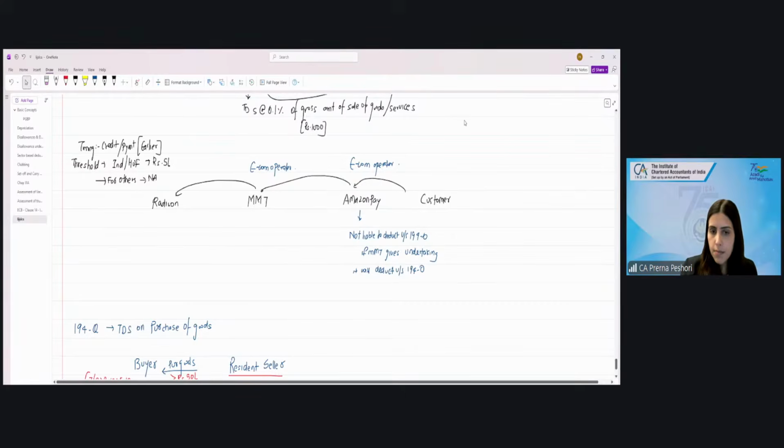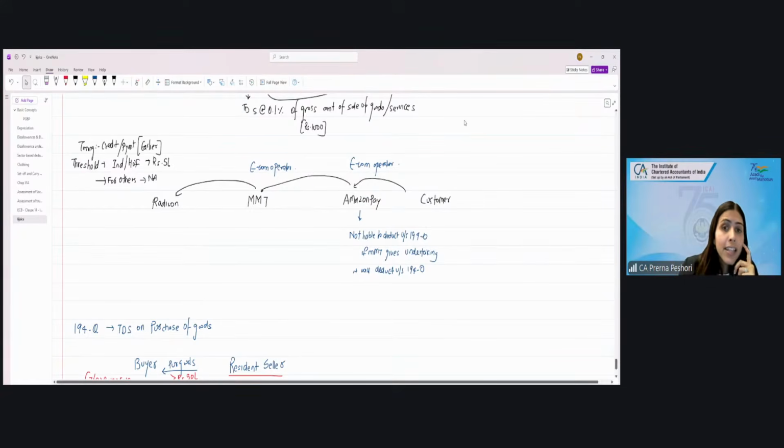Now what if there are additional charges, like shipping fees, packaging fees, convenience fees, charged to the buyer? Is the TDS to be deducted on, let's say, 100 rupees, which is the cost of the product, or on all the charges as well, say 10 rupees of packaging charges?